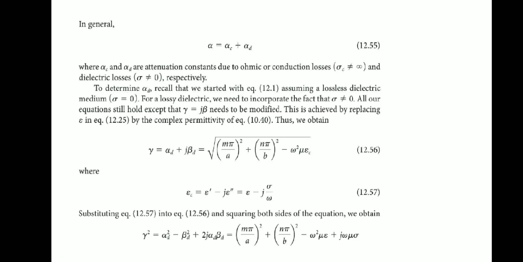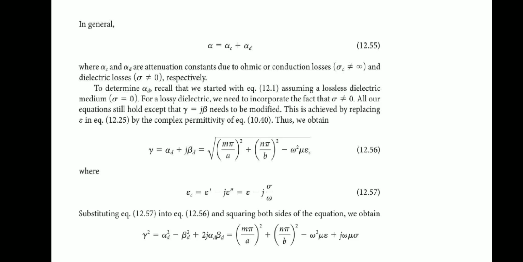To find alpha d, we need to remember the equation for gamma. For a lossy dielectric we need to incorporate the fact that sigma is not equal to 0.